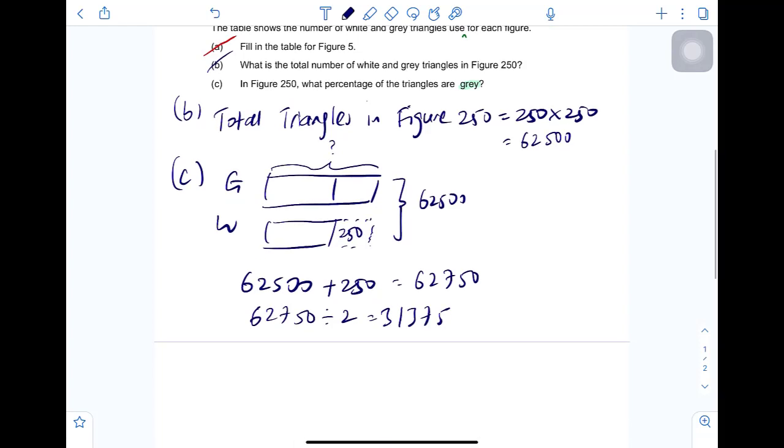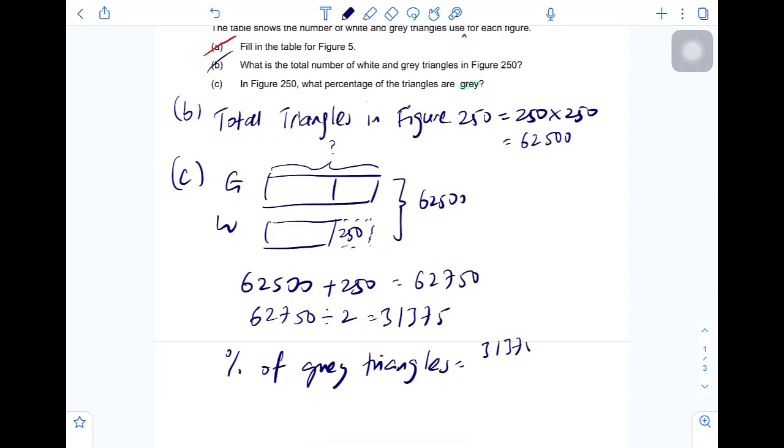And then we can find the percentage of grey triangles, which will be the number of grey triangles over the total triangles, which is 62500 in figure 250, times 100%. Final answer for this question is 50.2%.